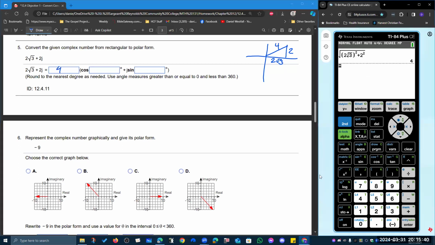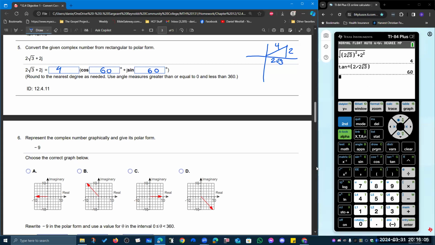And then arctangent of 2 divided by 2 square root of 3 is going to give me 60 degrees. I agree with that. That's my angle.